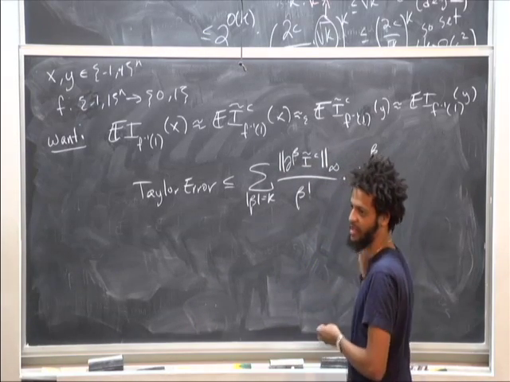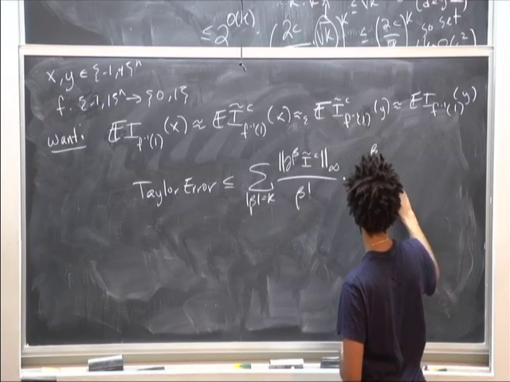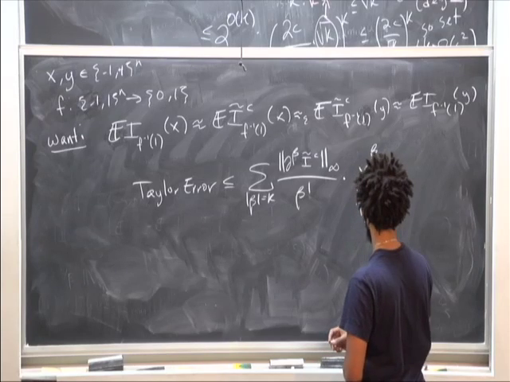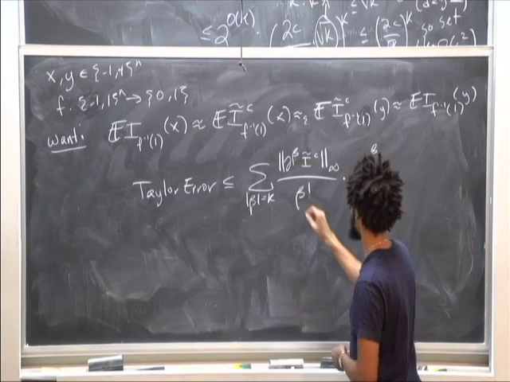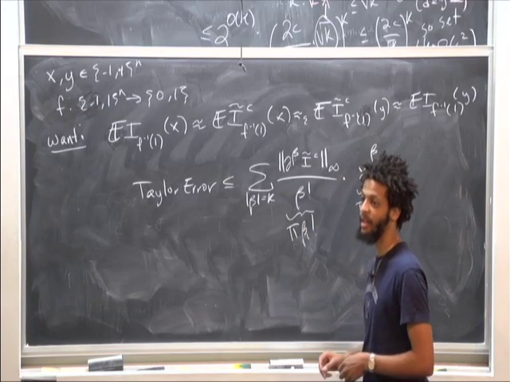These are multi-indices. In particular, what I mean here is the product over i of x_i to the beta_i, and the product of beta_i factorial.